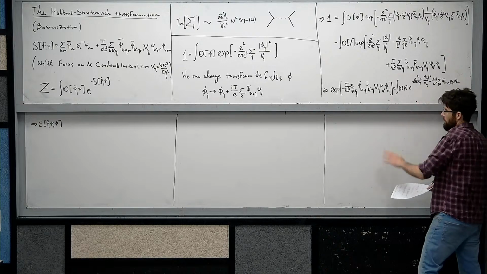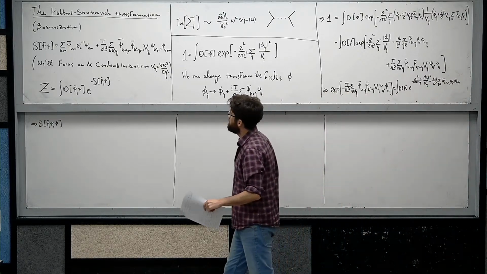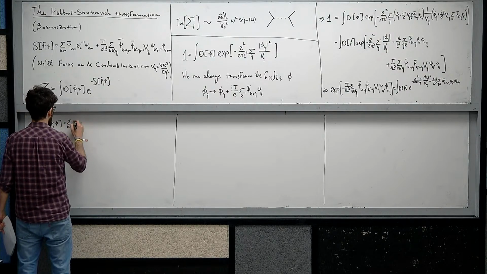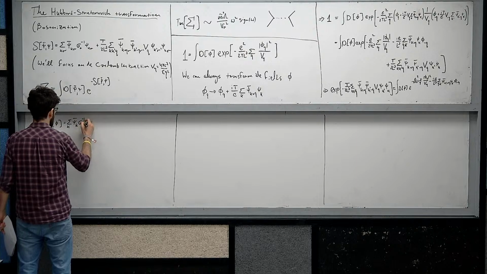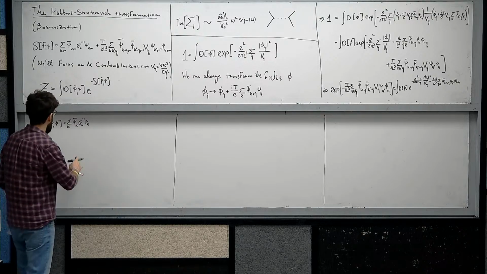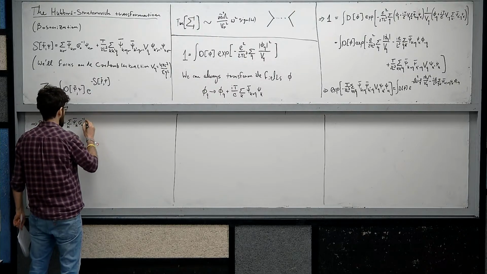So if I plug it into an action, what I have is a sum over k psi bar k g naught to the minus 1 psi k. Maybe here we can write k.